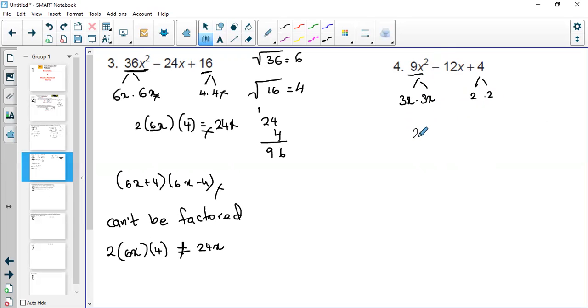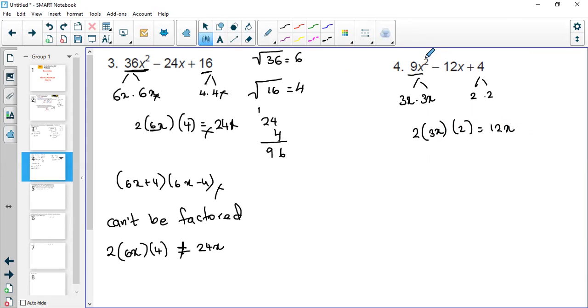Now check if we take one from this term and one from this term, whether that will give you a 12x. So 2 multiplied by 3 is 6. So 6 multiplied by 2 is going to give us a 12x.